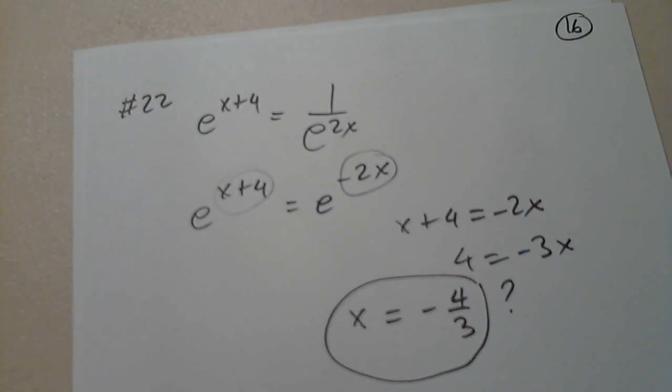If I don't, something is terribly wrong and my solution is incorrect. So I plugged in on the left, I plugged in on the right, both numbers were equal, therefore x is indeed negative 4/3. Good.